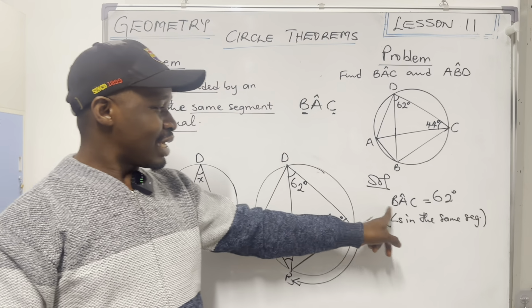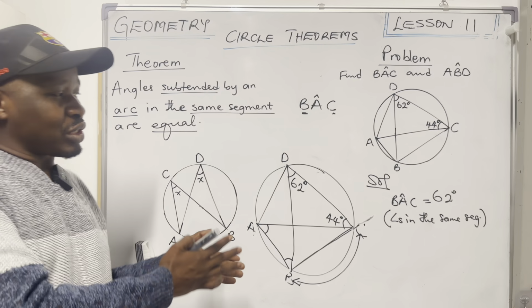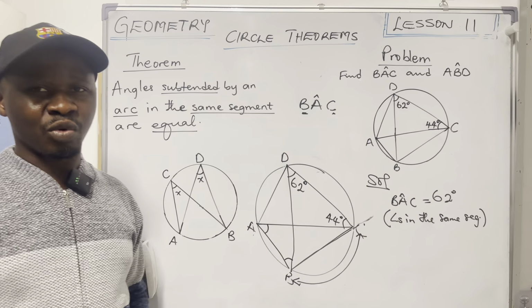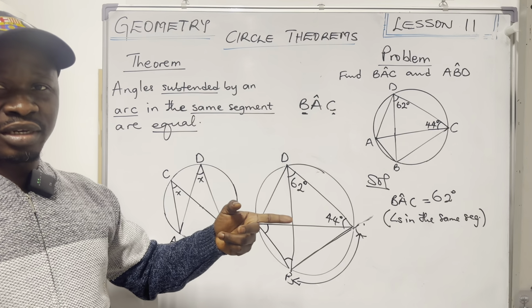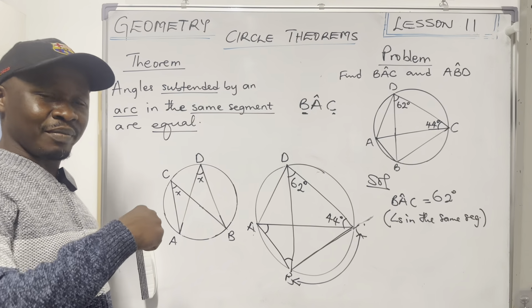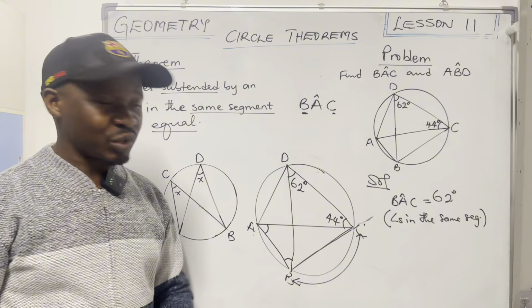There are so many theorems that portray equality, so you cannot just say this equal to this. What is the reason? Why did you decide to say that? So all about the reason is quoting the theorem. So that is what we have. BAC is equal to 62 degrees.